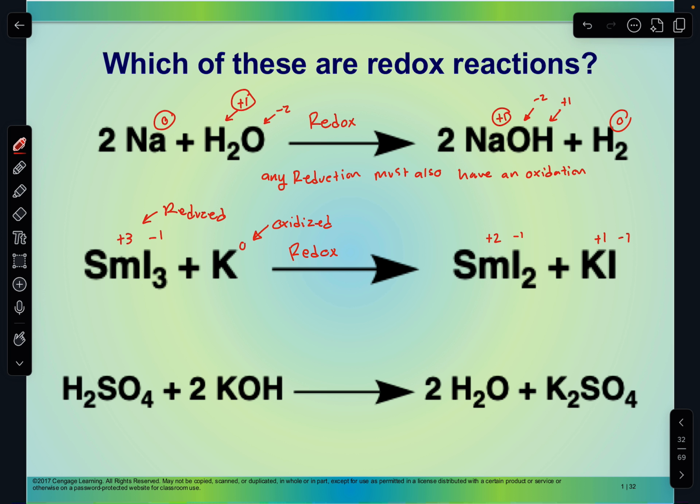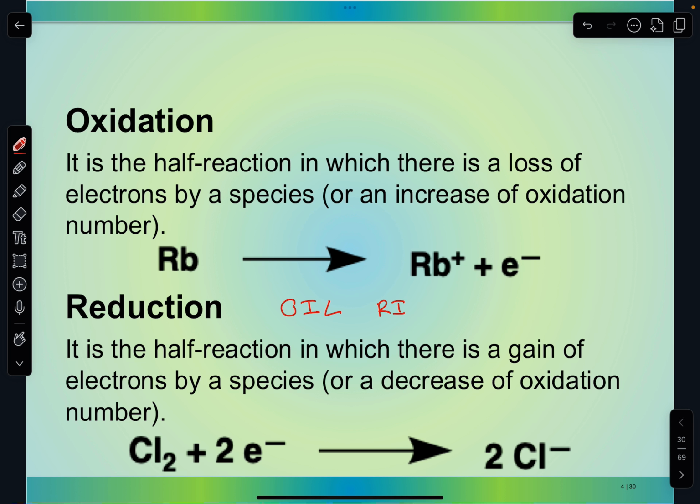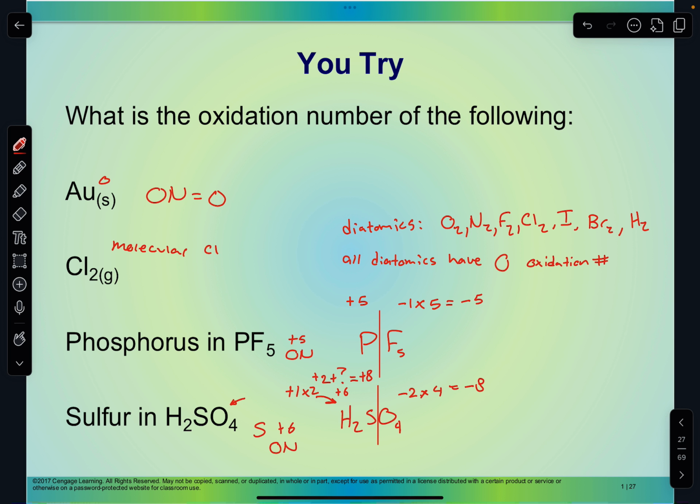And H2SO4 and KOH, again, this is an acid base. So we should guess right off the bat, since it's an acid-base reaction, that it's not going to be an oxidation, but we've already done this. So sulfur, this is going to be a -2, hydrogen is going to be a +1, and sulfur, I believe, is a +5. Let's go back and look real quick. So we know exactly what it is.